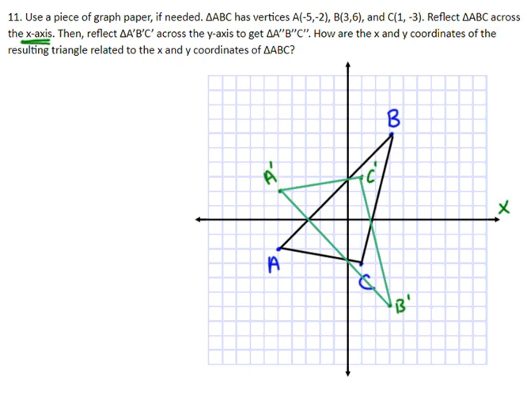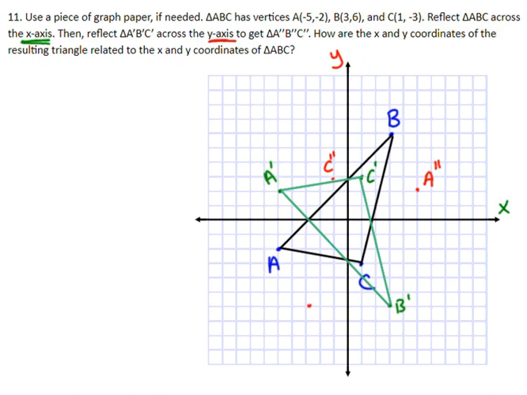All right, and after I sketch out that triangle, you can see that it's symmetrical over the x-axis. Okay, now that I've done the x-axis, I need to reflect it across the y-axis. So C double prime would go there. A double prime would go there.